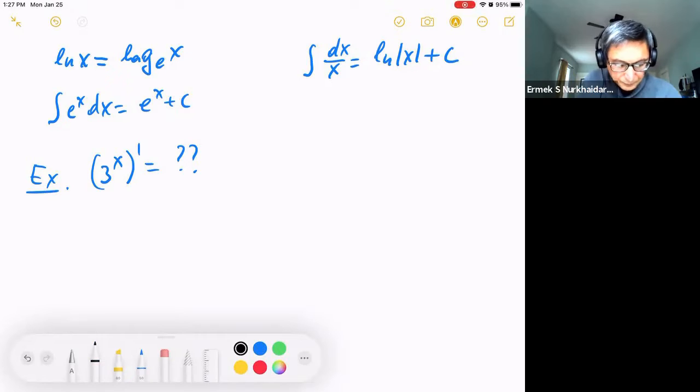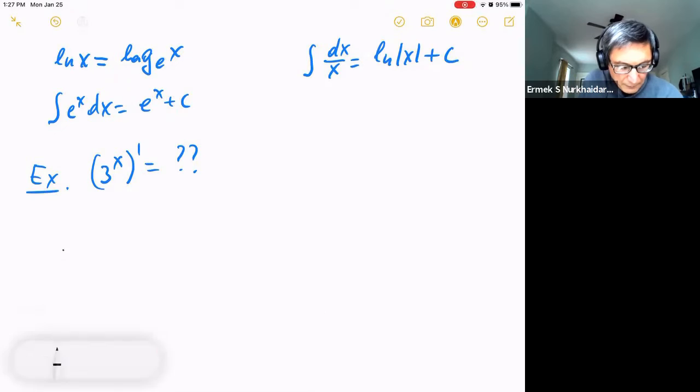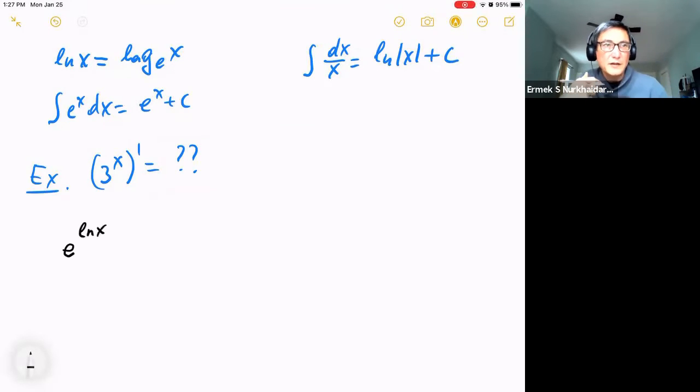So if I take e to the power ln of x, I'm taking ln and then applying the exponential function, so they cancel each other, and at the end I'm going to get just x. So in particular, 3 equals e to ln of 3.